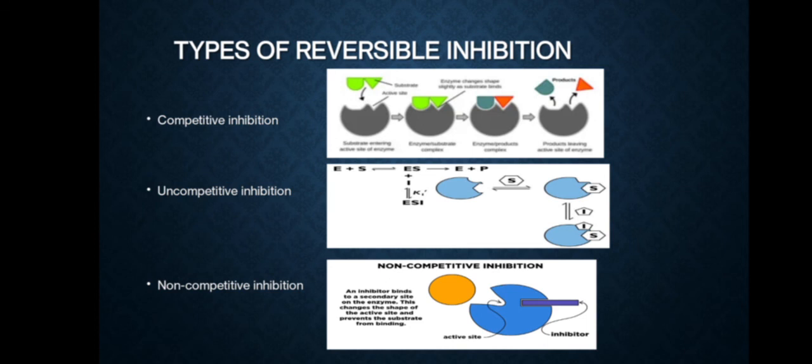We can see in the figure how they work at the same time on the enzyme. Now the second one is uncompetitive inhibition. In this type of inhibition, the inhibitor does not bind to the free enzyme; it binds only to the enzyme-substrate complex, and its binding is facilitated by the conformational changes that take place.